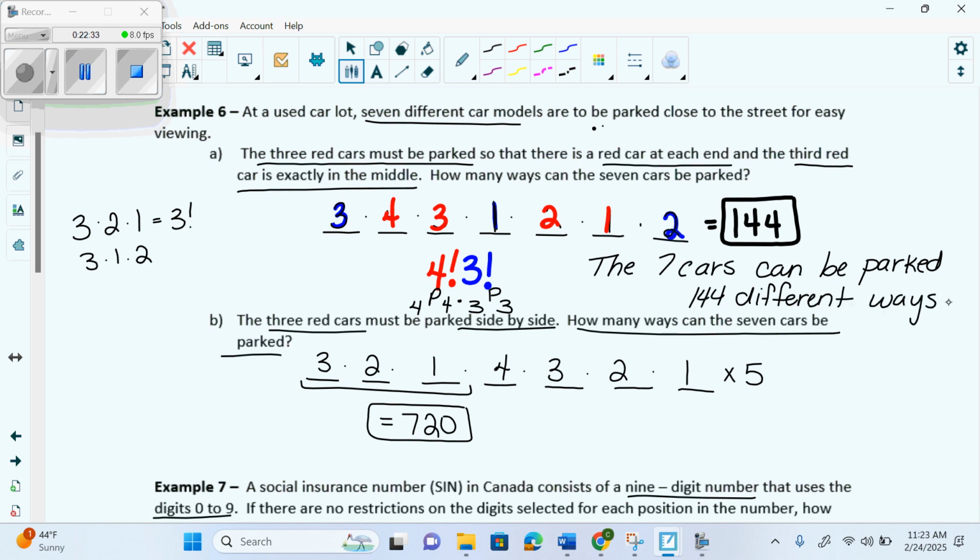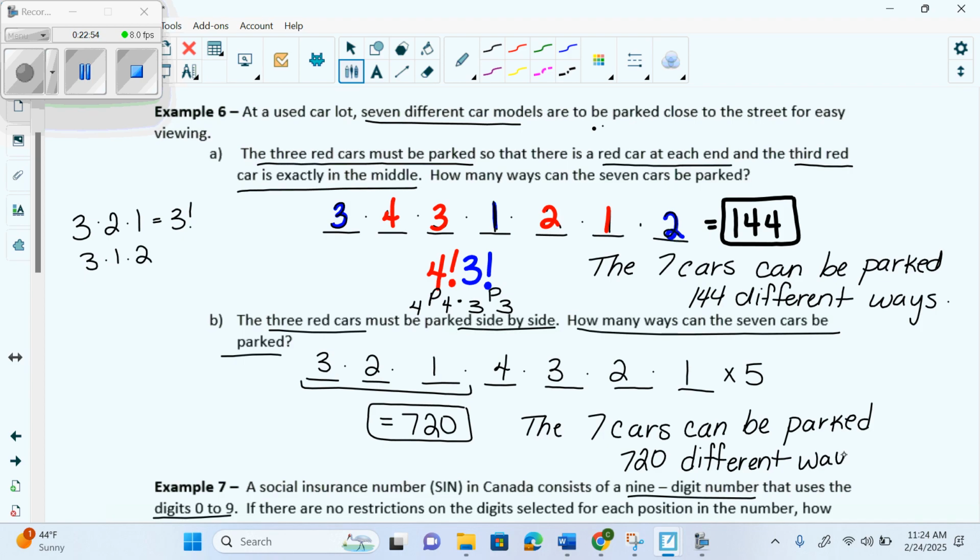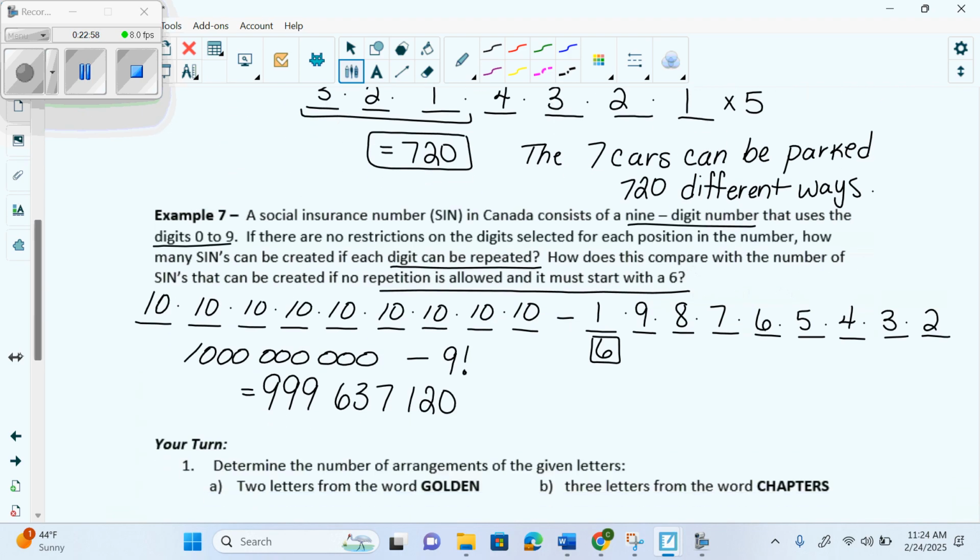This one says how many ways? 720 a car. And then this one, the 2 SIN numbers.